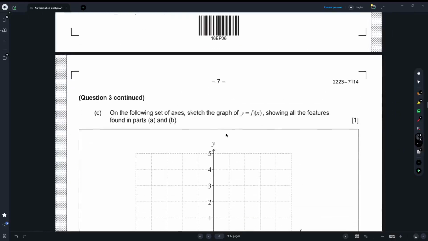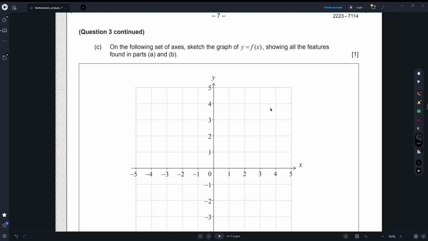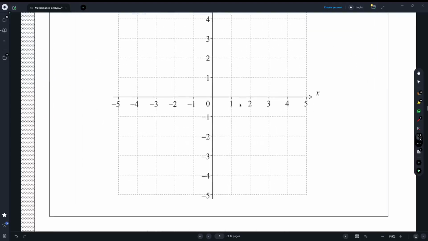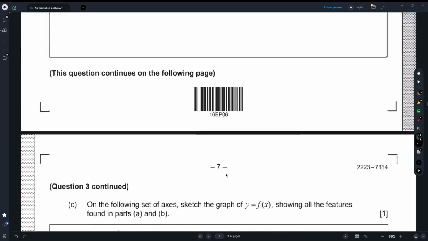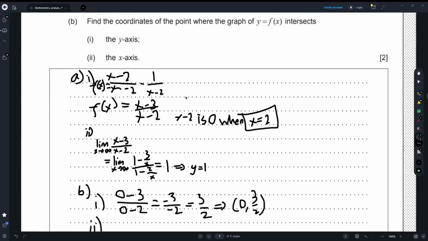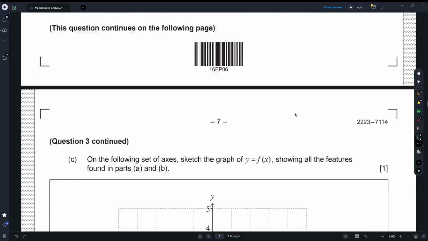And now they want us to sketch this graph. The way you do this is they basically want us to sketch the intercepts and the asymptotes. The first step is that we know there's a vertical asymptote when x equals 2.